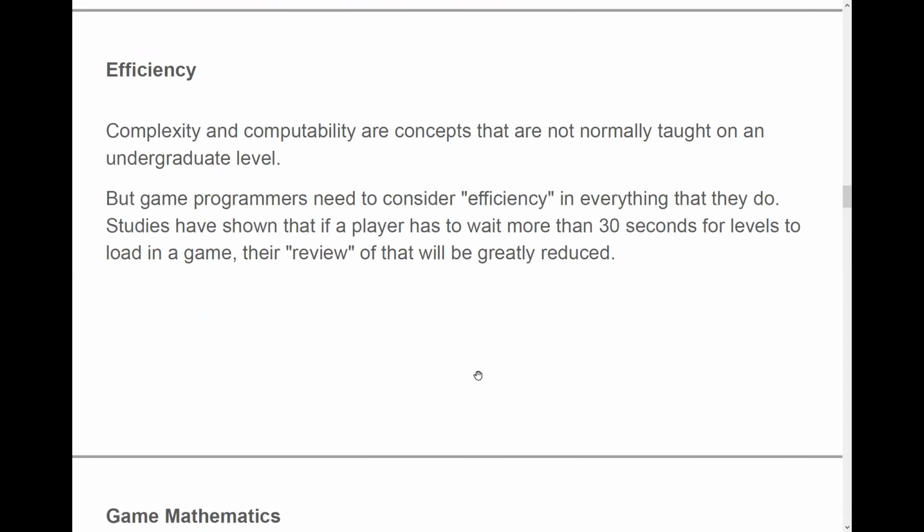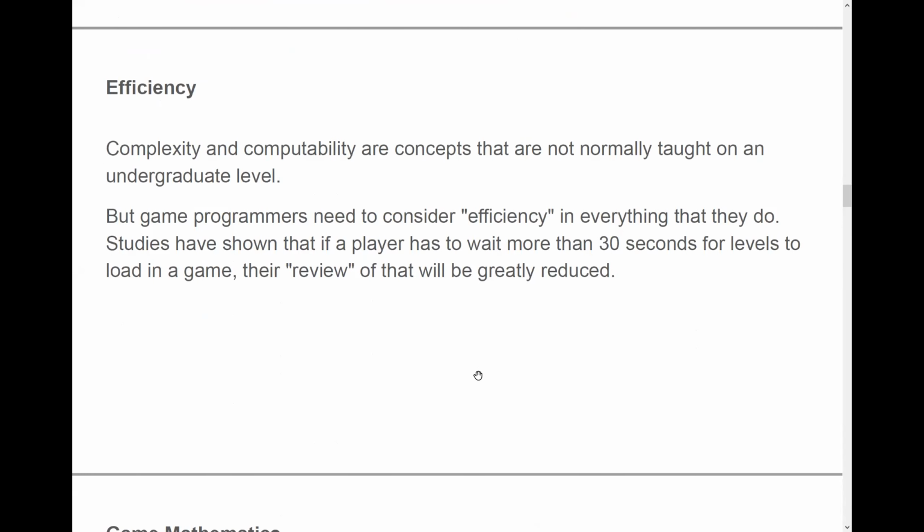Okay, so when it comes to the efficiency, complexity and computability are the two concepts that are not normally taught. But game programmers need to consider efficiency in everything that they do. It's a must.